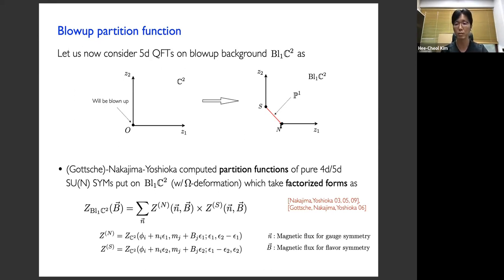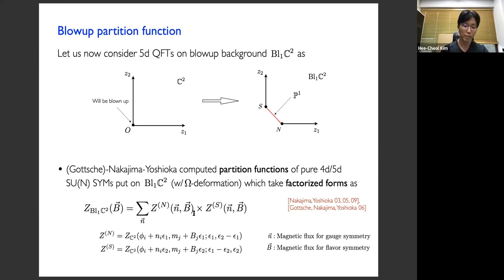And also we can turn on the gauge magnetic fluxes on this P1. As a result, the final form of the partition function is given by the sum over all the gauge magnetic fluxes. Here, the vector m is the flux vector for the gauge symmetry. Each flux sector is given by the product of these two partition functions.